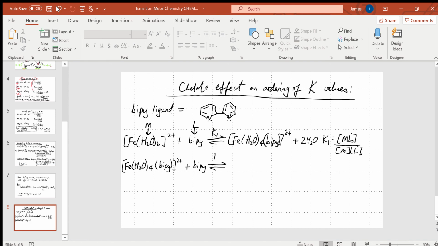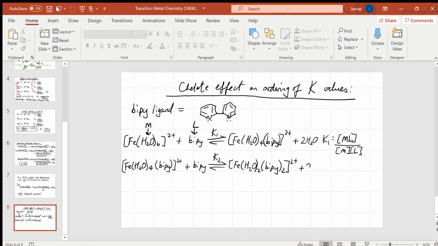Another equilibrium expression, but with a different constant K2. This would be iron (H2O)2. We've lost another 2 water, and now we've got an extra Bippy. So Bippy 2. Still got our 2+ charges.